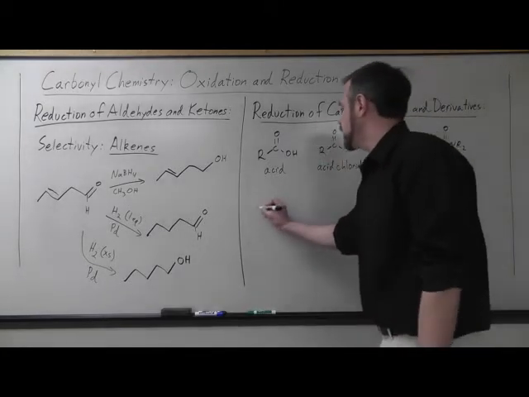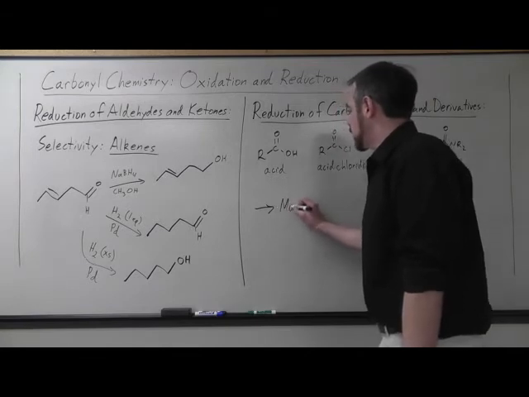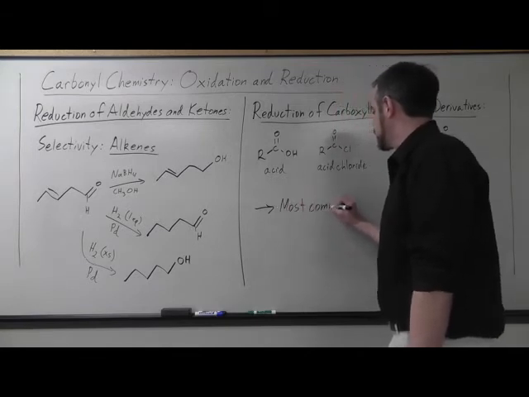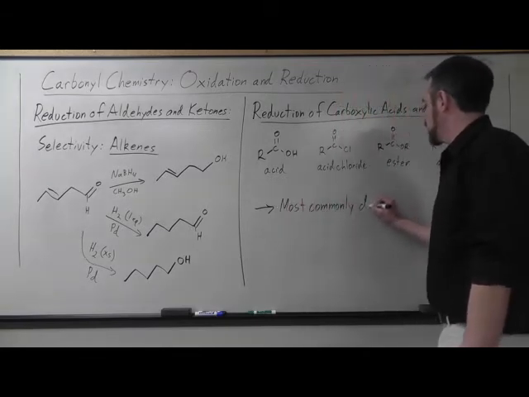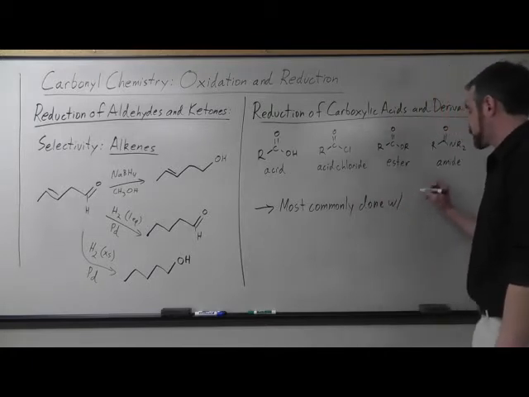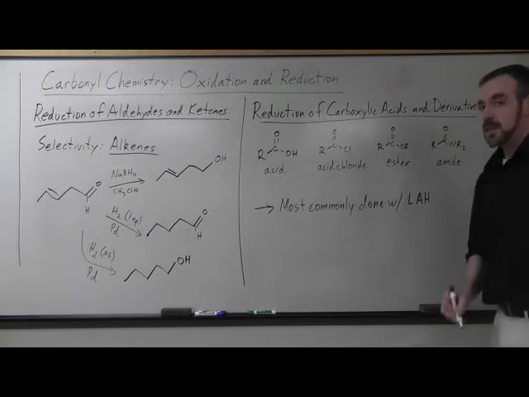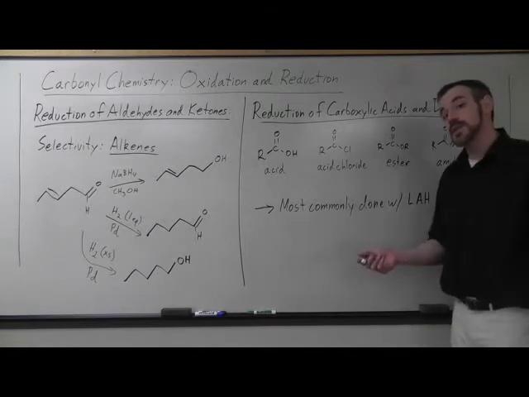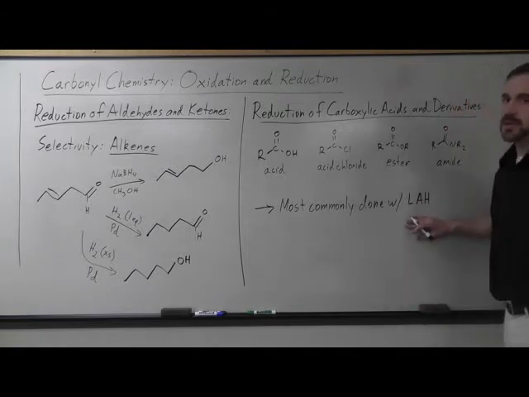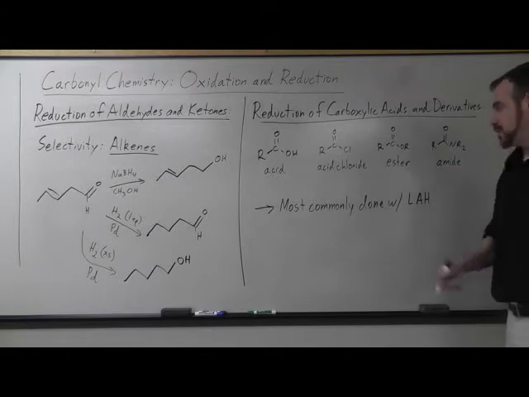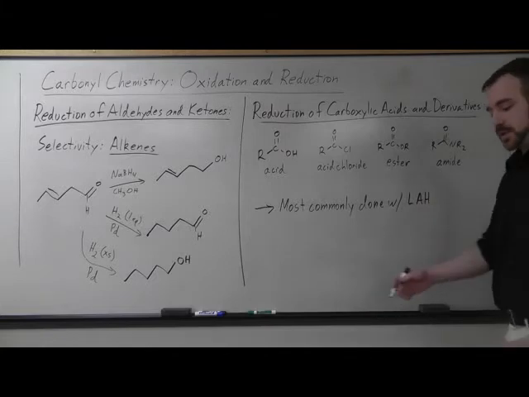For reduction of all of these groups, the most common way to do it is with lithium aluminum hydride. So this reagent, if you only remember one reduction reagent, it should probably be lithium aluminum hydride. It is extremely versatile and powerful.